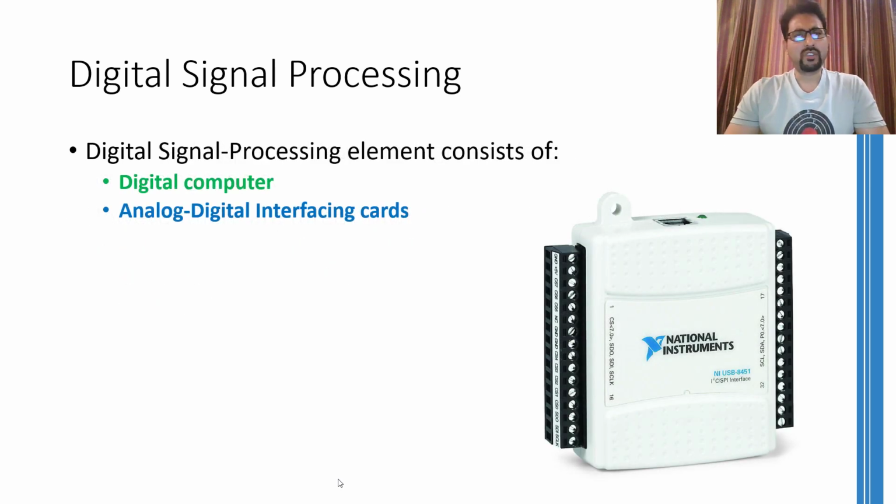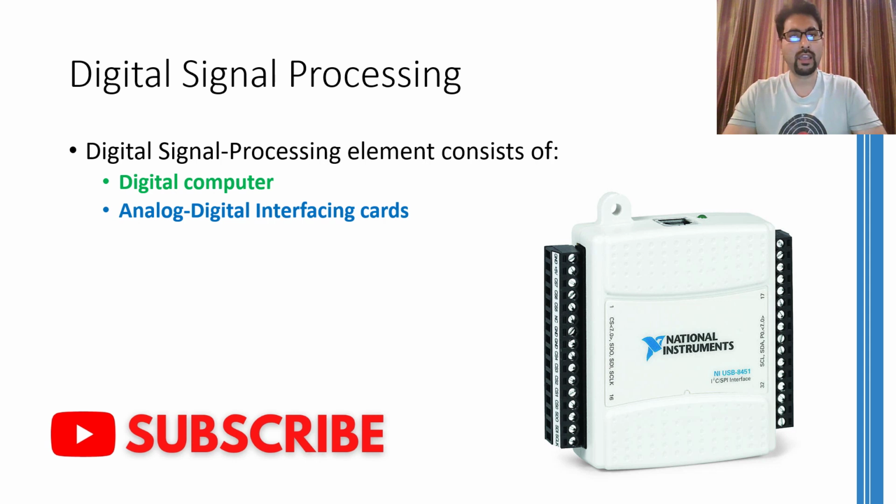A digital signal processing element consists primarily of two major instruments. The first one is the digital computer that will perform all the operations, and the second one is an analog to digital interface. This interface will be responsible for converting the signals from the real analog domain into the computerized digital domain, and then back from the digital domain to the analog domain if required.